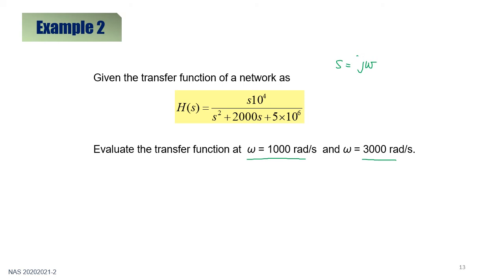Therefore, you can replace all S with j omega, the same goes for this S and this one as well. Then you can replace all omega values with the first one, omega equal to 1000, and the second one at 3000.